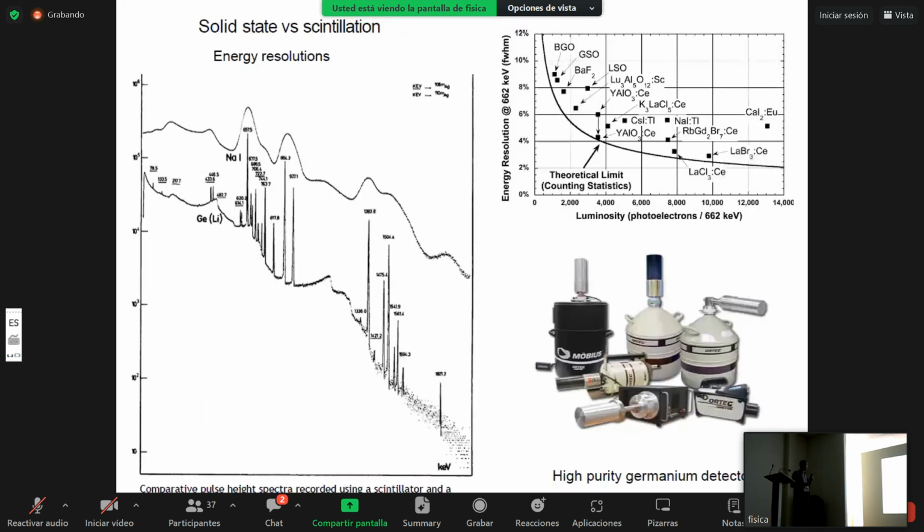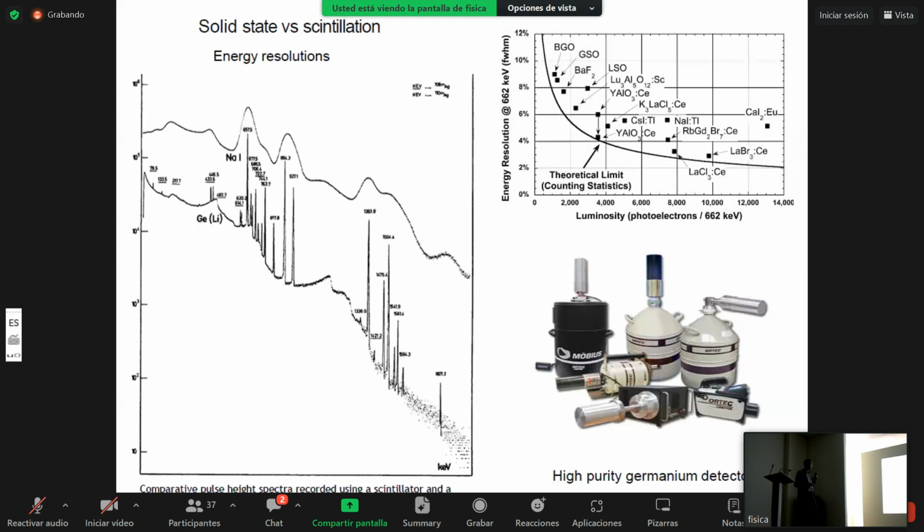So why do we care so much about gamma ray spectroscopy, and specifically energy resolution? Because in some applications, some isotopes have gamma ray peaks which are located very close to each other.